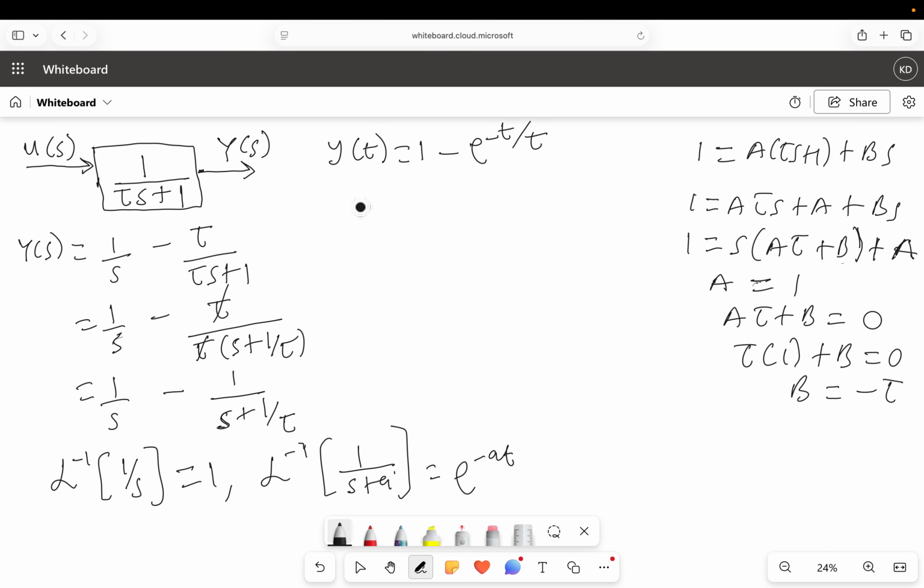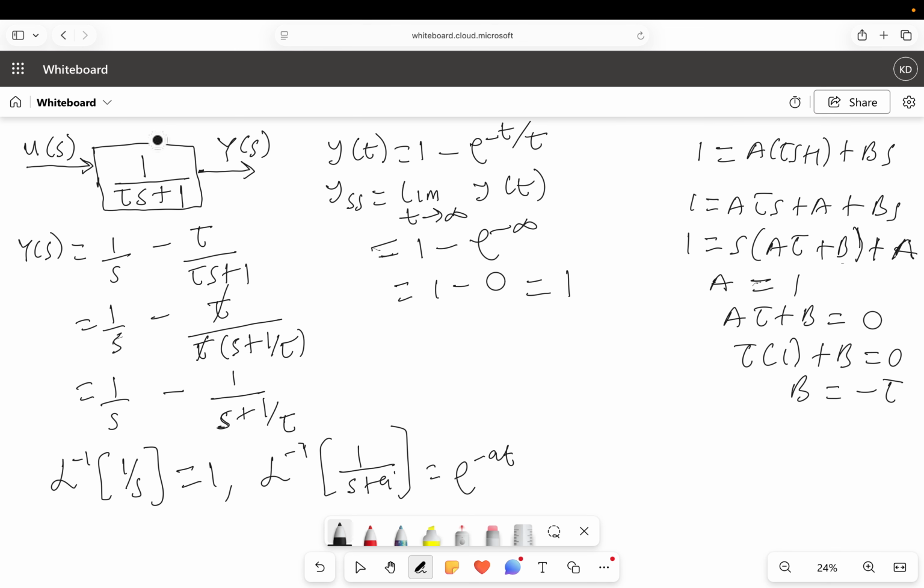In time domain, the steady state value can be computed by using the limit as t approaches infinity of y(t). Substituting the limit, I will have 1 minus exponential of minus infinity, that is 1 minus 0. So I will have 1, which is similar to the steady state value I obtained using the s-domain relationship.